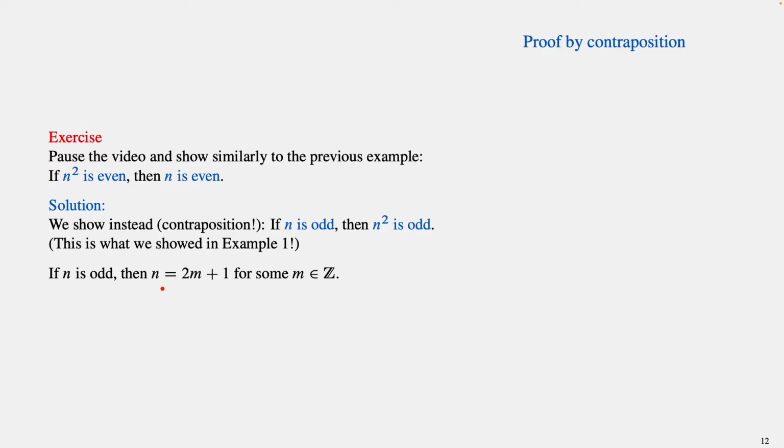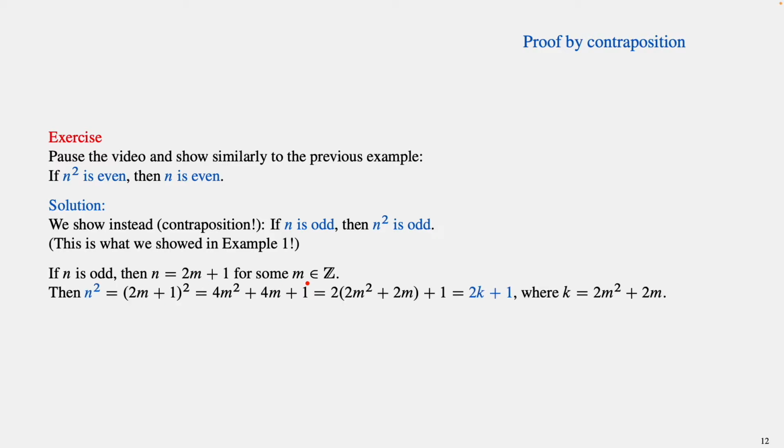If n is odd, then n is of the form 2m plus 1 for some integer m. Now we square this expression here. 2m plus 1 squared is 4m squared plus 4m plus 1. We can take out the 2 and get 2 times 2m squared plus 2m in parentheses plus 1. So we have 2k plus 1, where k is just the expression in parentheses here. And this means n square is odd.